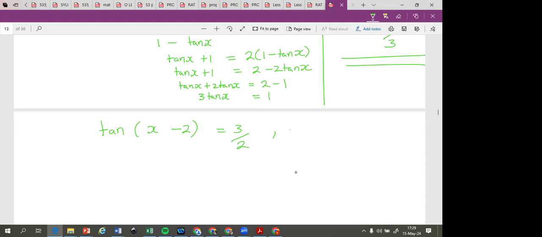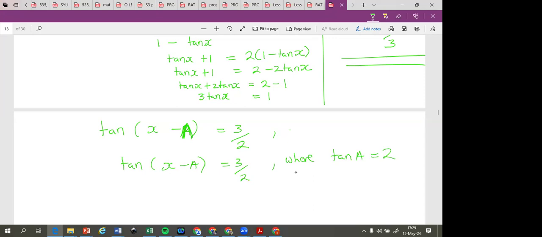What are you finding? Okay, let me make it better. Put here a. So leave it as tan of (x minus a) is equal to 3 out of 2, where tan a is equal to 2.